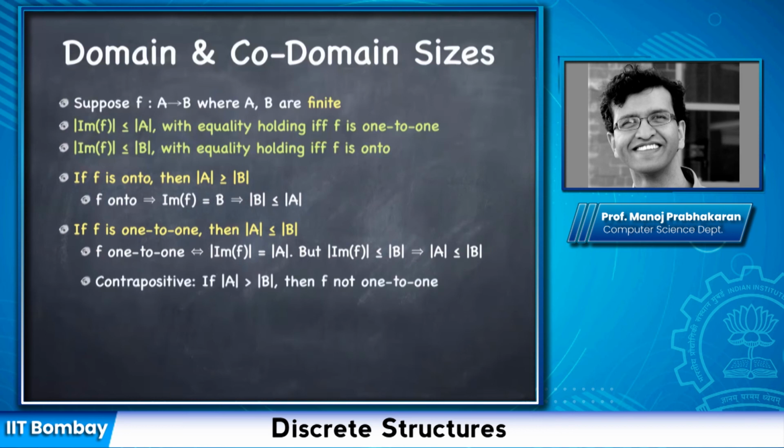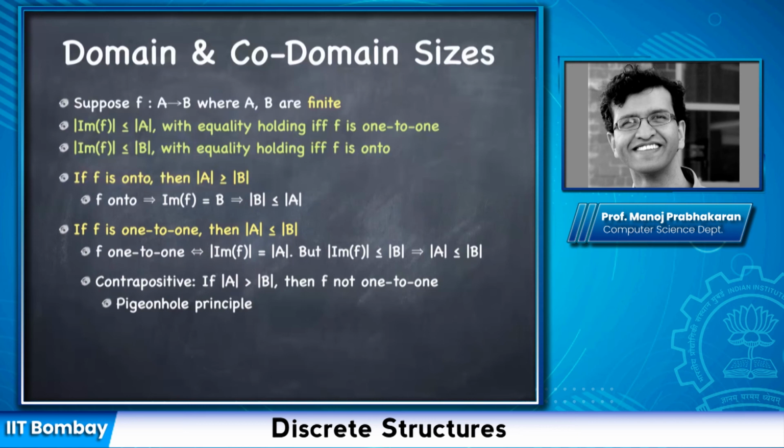We have actually already implicitly used this particular statement. If you look at the contrapositive of the statement here, it says if the size of A is strictly greater than the size of B, then f cannot be 1 to 1. And this is the pigeonhole principle. You could think of mapping pigeons into pigeonholes.